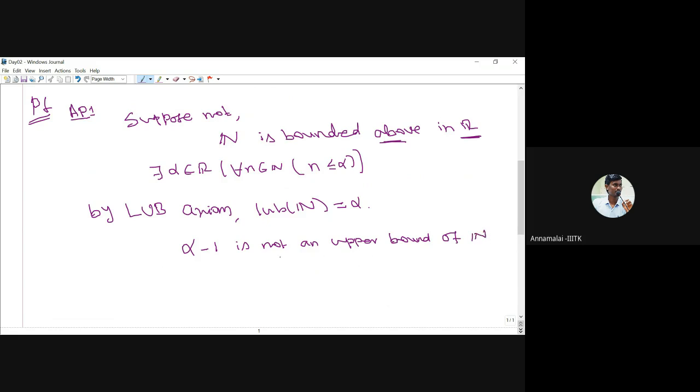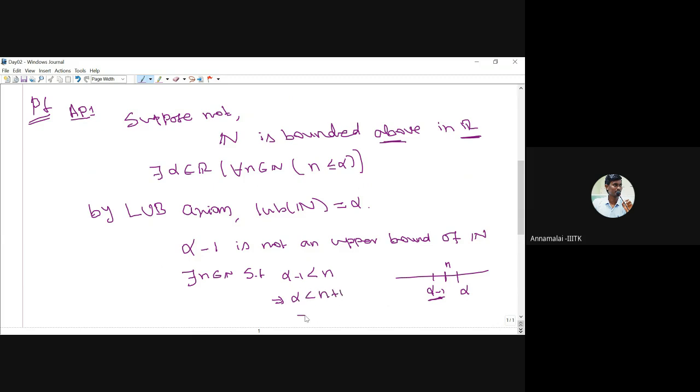What is the meaning of not an upper bound? There is a natural number bigger than alpha minus 1. Suppose alpha is here and alpha minus 1 is here. Since alpha minus 1 is not an upper bound, at least one element must appear after alpha minus 1. So there exists n in N such that alpha minus 1 is smaller than n. Adding 1 to both sides, alpha is strictly less than n plus 1.